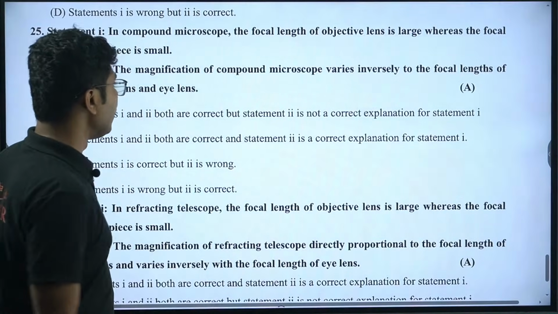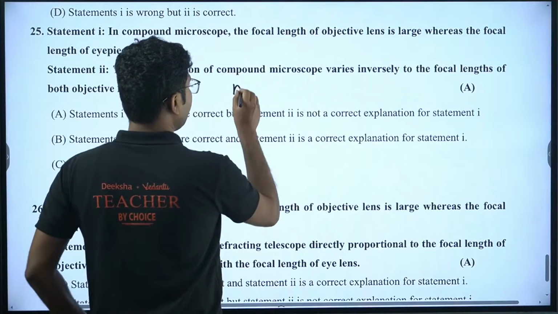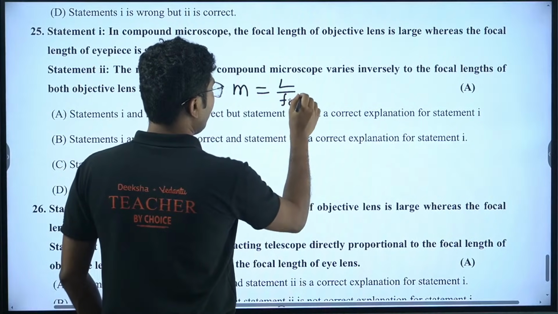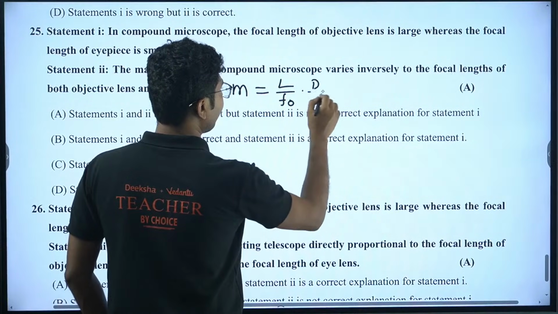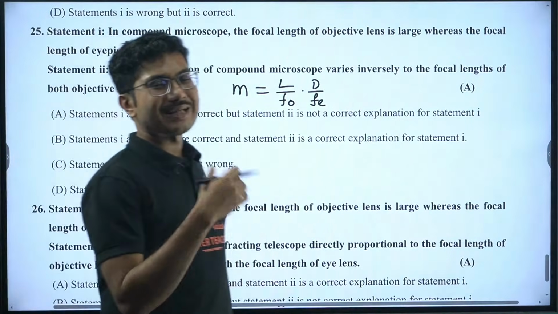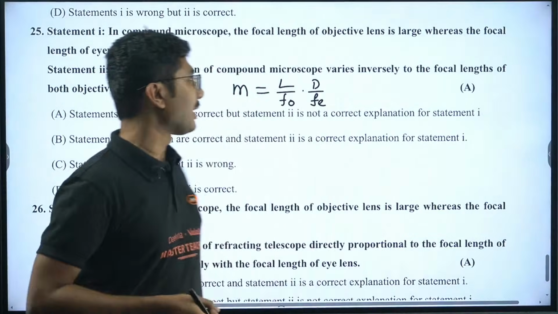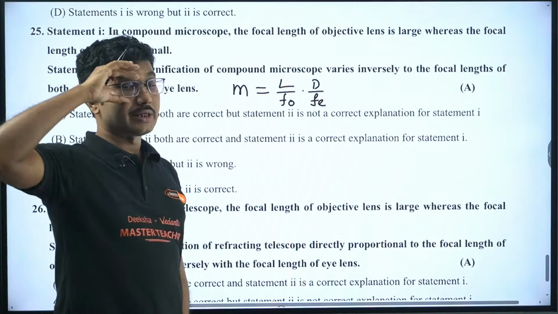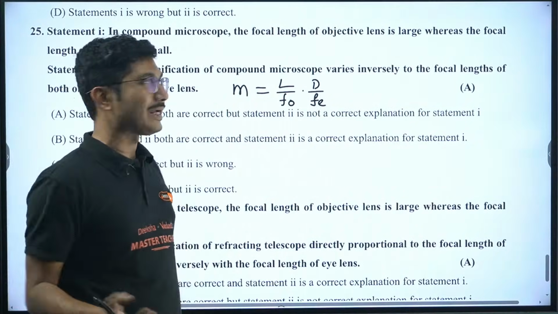Yes, we know that magnification is given by L by FO into D by FE. We try to keep both focal lengths as small as possible in a compound microscope. So the first statement, that the objective focal length is large whereas the eyepiece is small, does not make any sense.